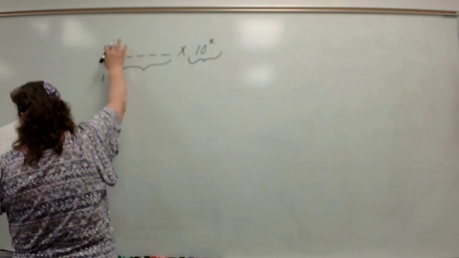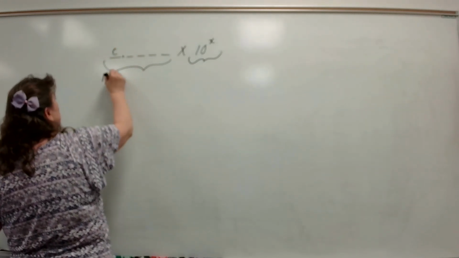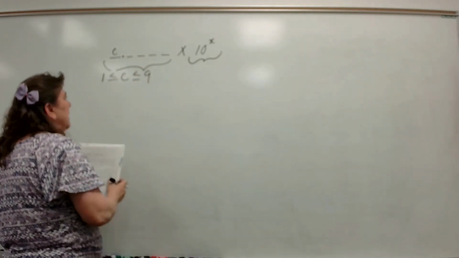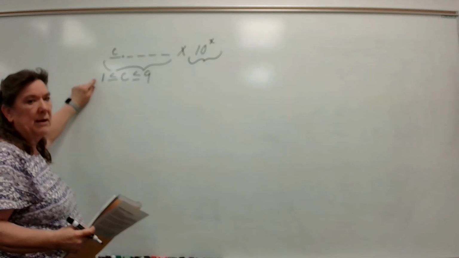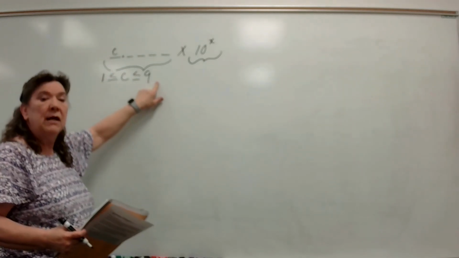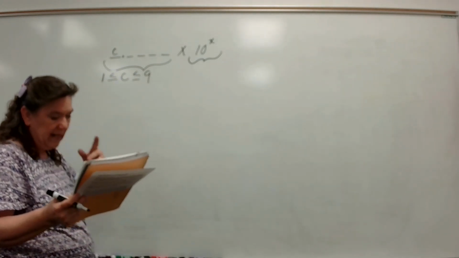So, if we call this C, for example, 1 is less than or equal to C, which is less than or equal to 9. In other words, I can't have 0 in that place because 0 would not be significant. I can't have 10 because that would be 2 digits instead of 1 digit. So it has to be that.